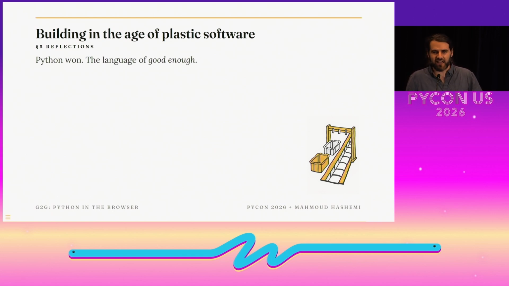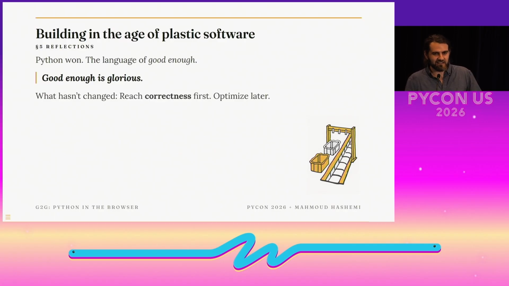We can talk now a little bit about why wouldn't we want to put Python in the browser. You could say it's too big or it's too slow. These are arguments that go way back in the Python world, and they're ones that we're very used to dealing with because we are the language of good enough. And good enough is glorious. So I'm really here to encourage you to start building with Python in the browser.